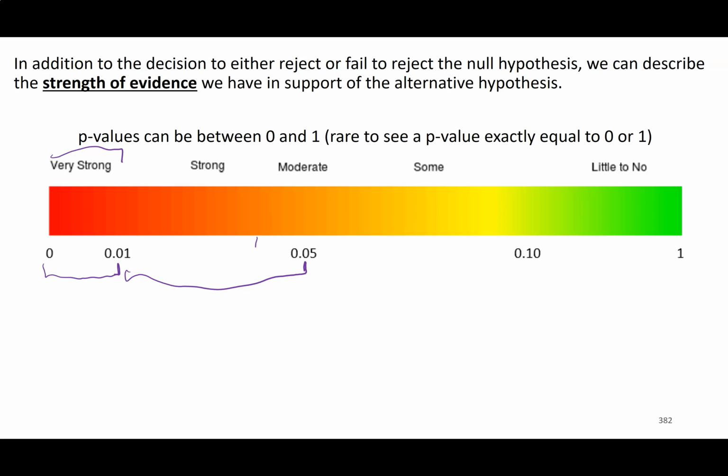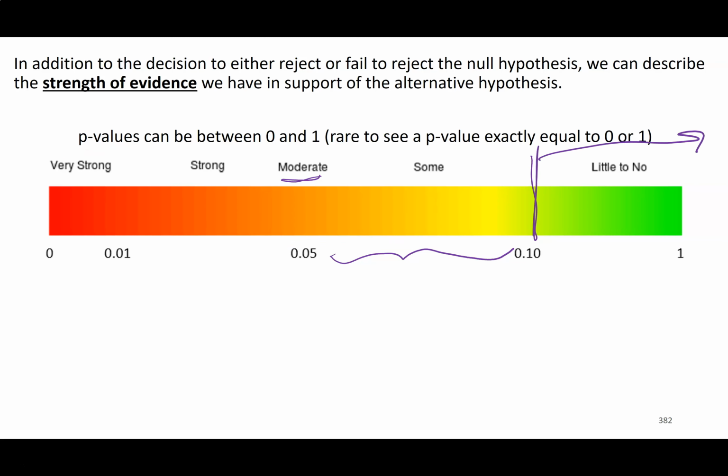If it's around 0.05, so honestly probably between 0.04 and 0.06 roughly, I'd call it moderately strong. You would say, okay, there's some evidence between 0.05 and 0.10. Anything 0.10 and bigger, we're going to say little to no or very weak. I don't like to say no because it implies that there's zero evidence. That's not quite true. Little to no evidence.